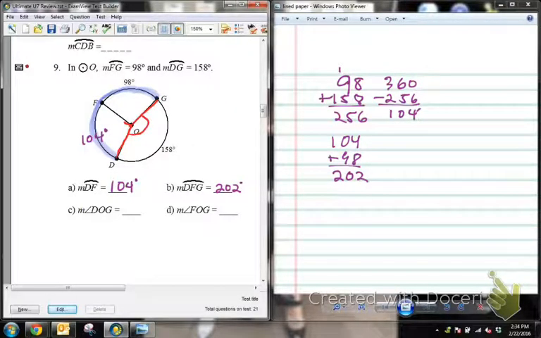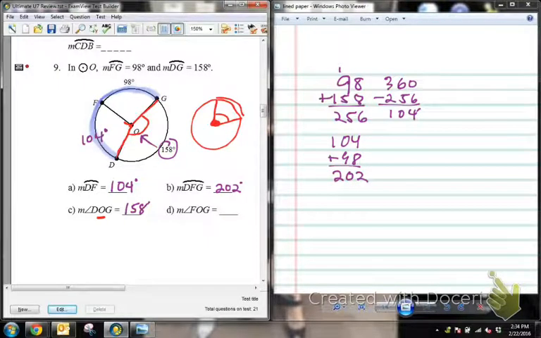Now notice that the vertex, that middle letter, is O, which is the center of the circle, and when you have that happen, if you have a circle and you have this angle from the center, it means that this arc is the same as the angle. They have the exact same measurements. So we know that this 158 now goes with that angle. So angle DOG is 158 degrees.